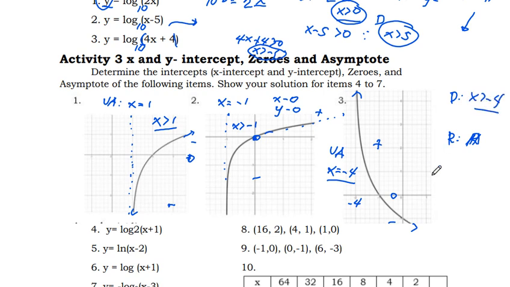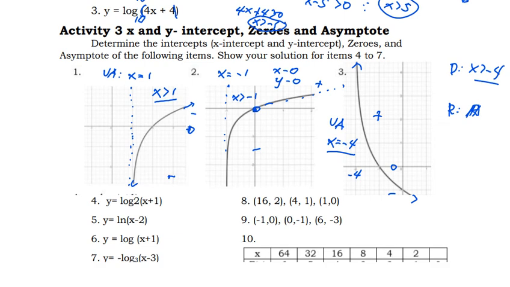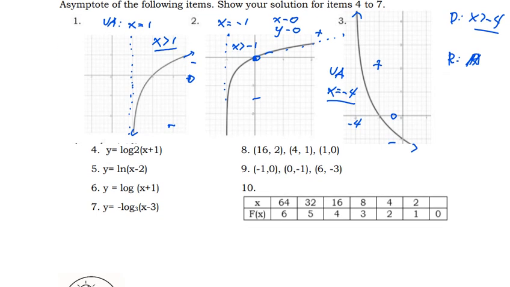Okay? Now, in this number 4, what is our domain? X-intercept, Y-intercept. So, in here, alam natin na ito ay base 10, ito ay base E, ito ay base 10, and so on. So, what do you think? Can you give your answer now?